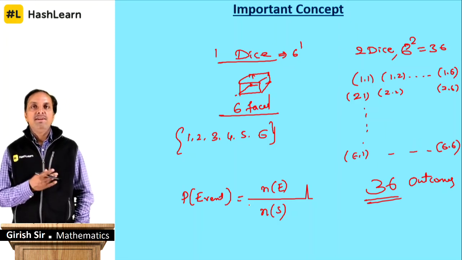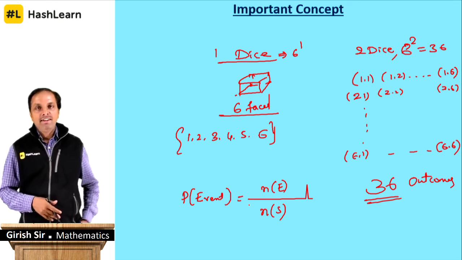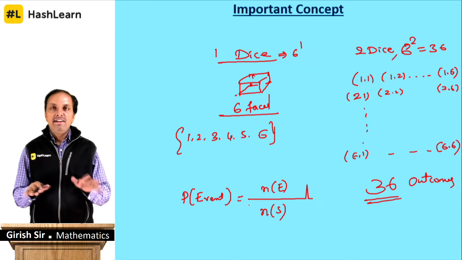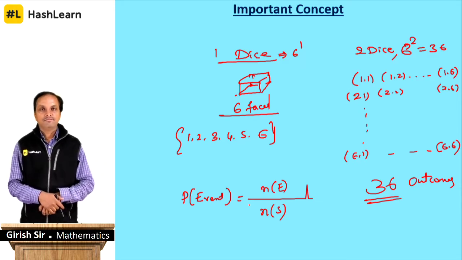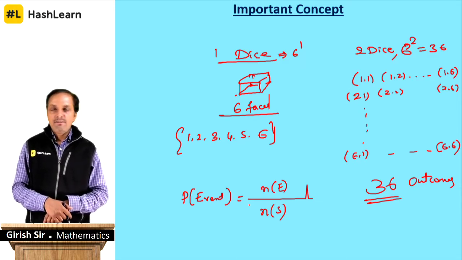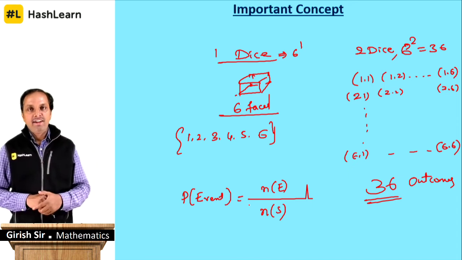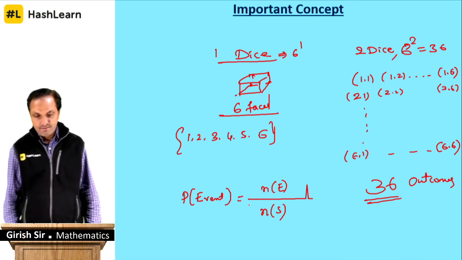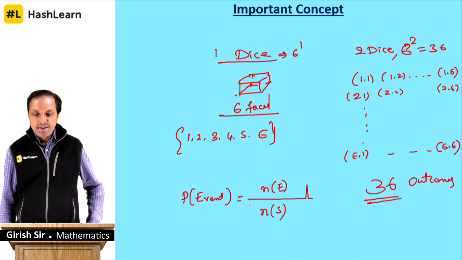So all the possibilities of a particular event should be written in the numerator, and the complete sample space in the denominator. So outcome of the event in the numerator and all the possibilities in the denominator.